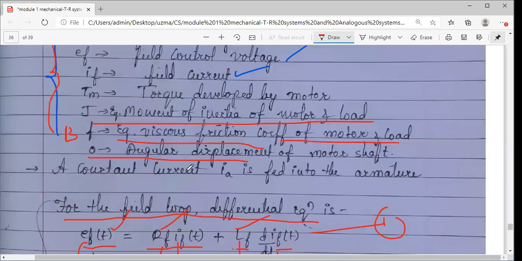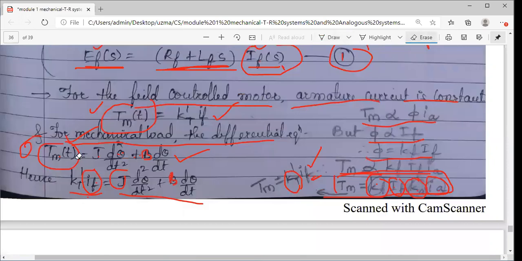That is Tm is equal to J term and B, that is friction. So J d square theta by dt square and B d theta by dt. Okay, this too you know, we have already studied how to write the torque equation. Applied torque is equal to the sum of opposing torques.